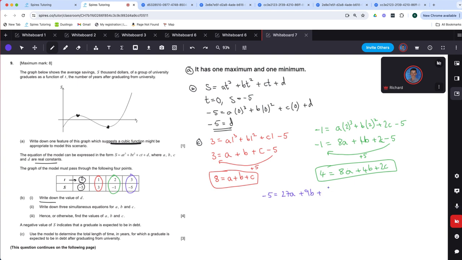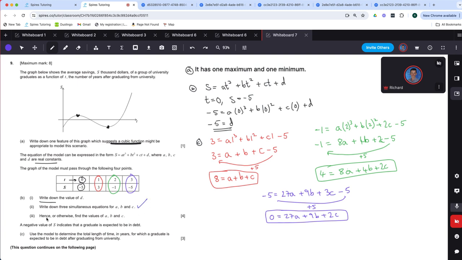Plus 3 times C. And then I've got my plus D. And we'll do the same thing. We'll move our -5 over, so when I move my -5 over, it becomes +5. So I get 0 equals 27A plus 9B plus 3C. And that's my third equation. So that's this part.